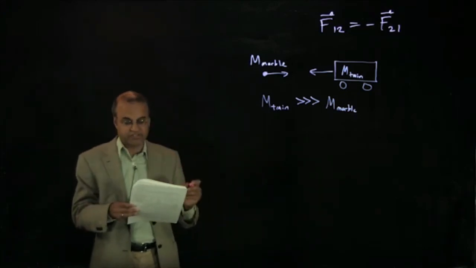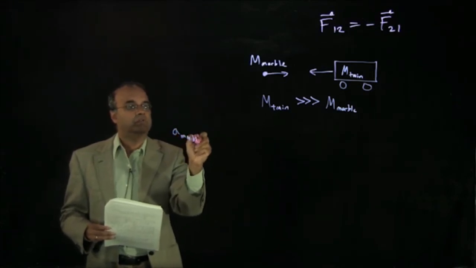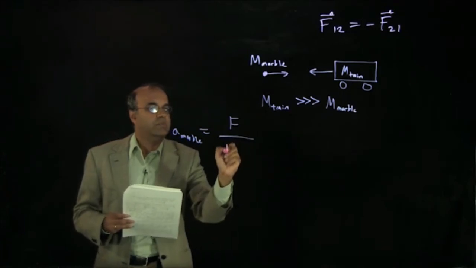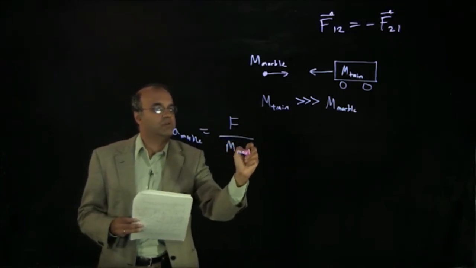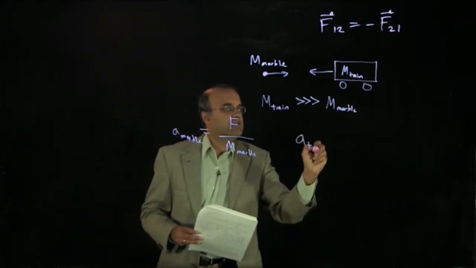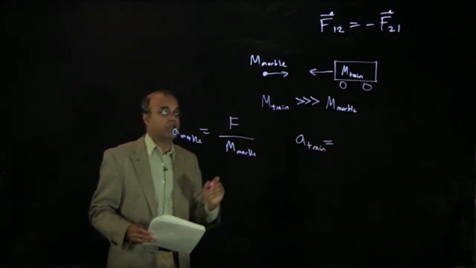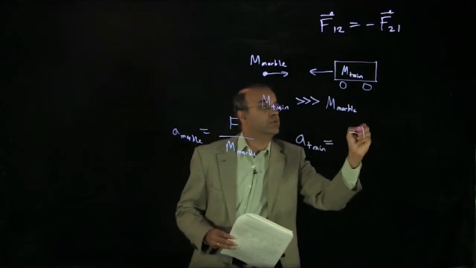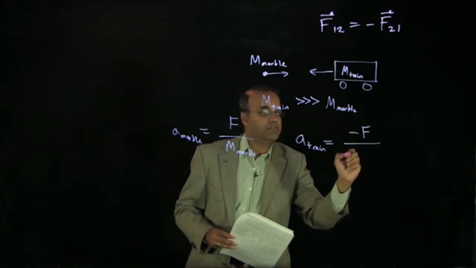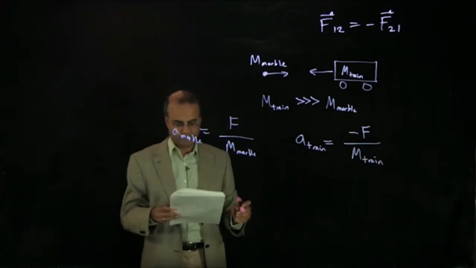So if I write that in terms of the acceleration of the marble, a_marble is equal to the force divided by the mass of the marble, whereas the acceleration of the train is equal to, since I wrote F for the force acting on the marble, I'm going to write minus F for the force acting on the train. So that's minus F divided by the mass of the train.